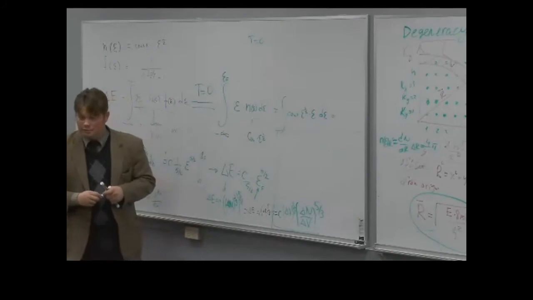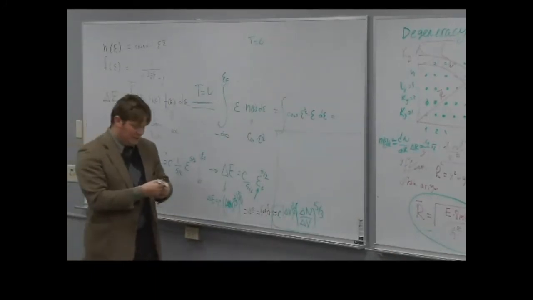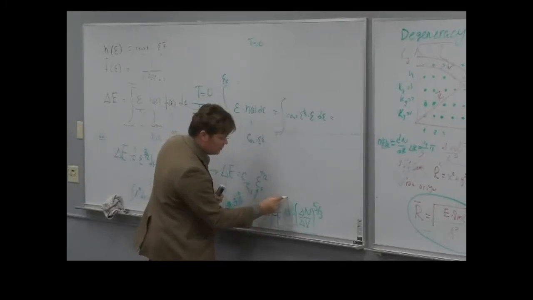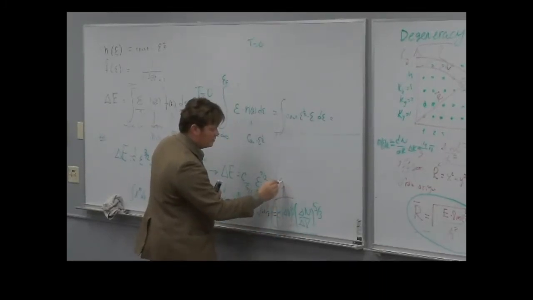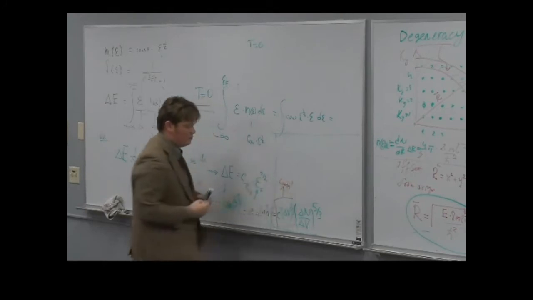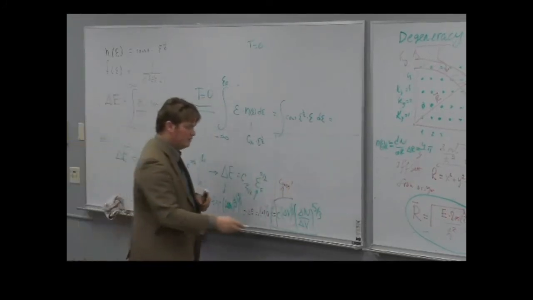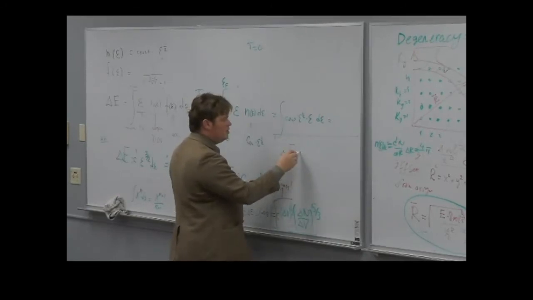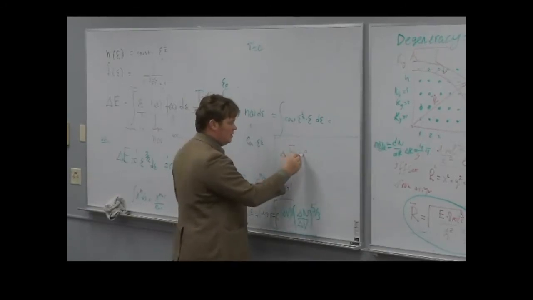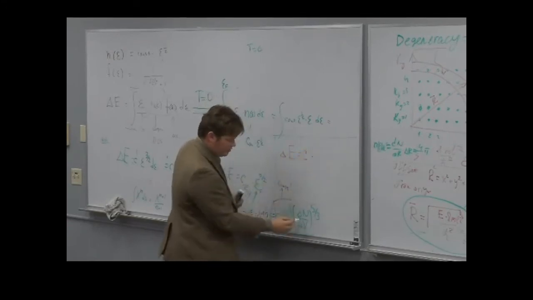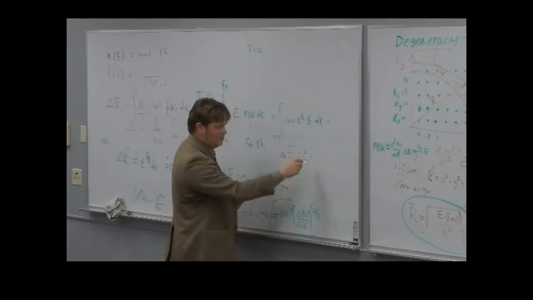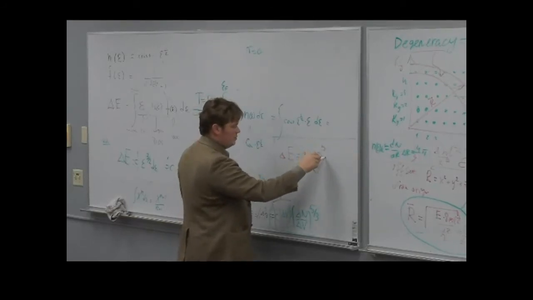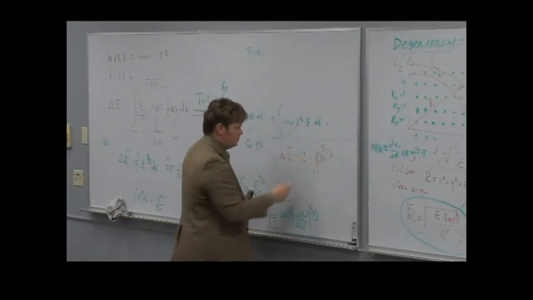Good? Also possible. Then we redefine anything which is in front as a new constant. And we have that the total energy in one cell is a constant times delta n over delta V, which is rho, to the power 5/3.